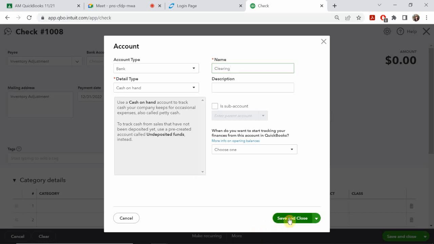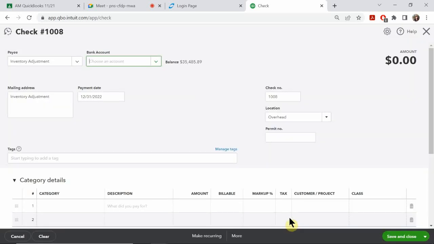So there you go. I created the bank account clearing.